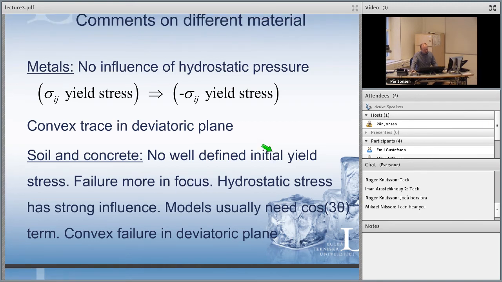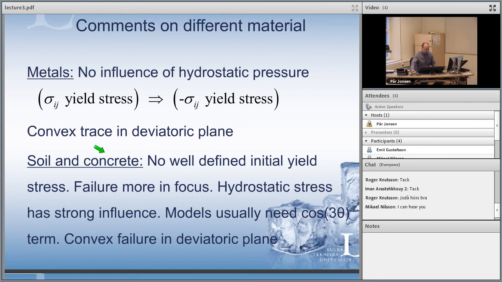And then you usually need this cos 3 theta load angle dependency, depending on how accurate you want to build your model, of course. So then you say that you have a convex failure in the deviatoric plane. Instead of yielding the material when you reach the surface, you will fail the material instead. You will break it.